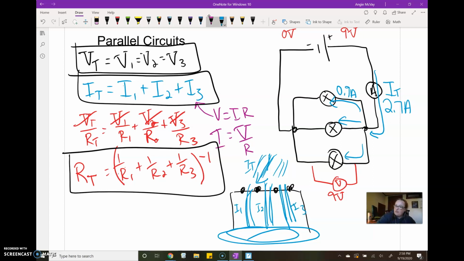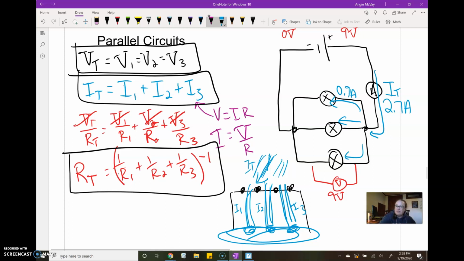But each of those 3 waterfalls is starting with the same potential energy, and all 3 of those individual waterfalls are ending up with 0 potential energy at the pool below. Okay, so they're all losing the same amount of energy.